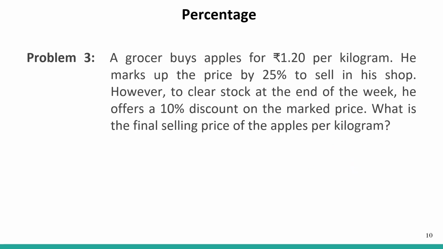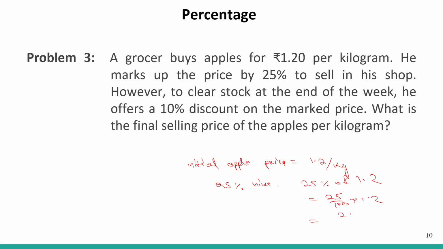Let's see problem number 3. A grocer buys apples for 1.2 rupees per kilogram. He marks up the price by 25%. So the initial apple price is 1.2 per kg. Then comes the 25% hike. 25% of 1.2 is 25 by 100 into 1.2, that is equal to 25 into 12 by 1000.